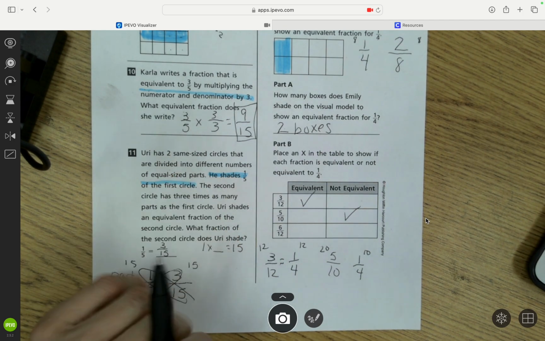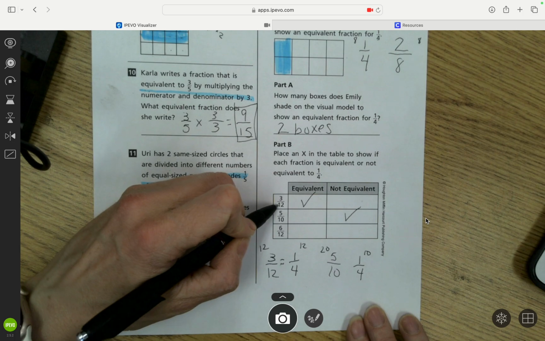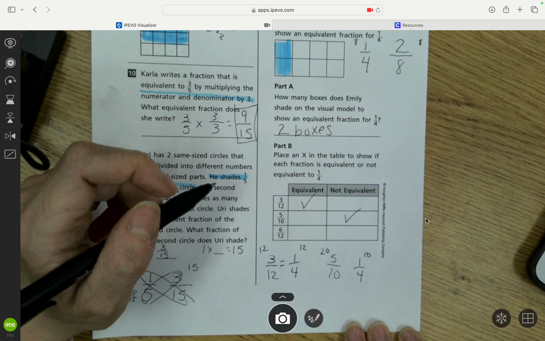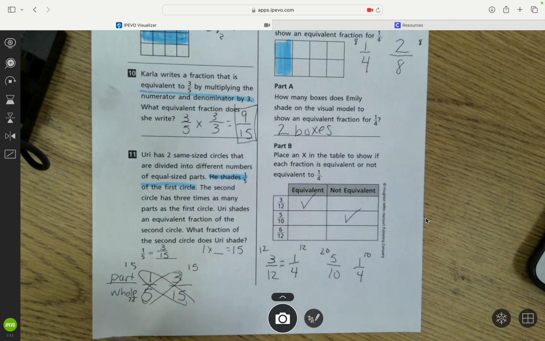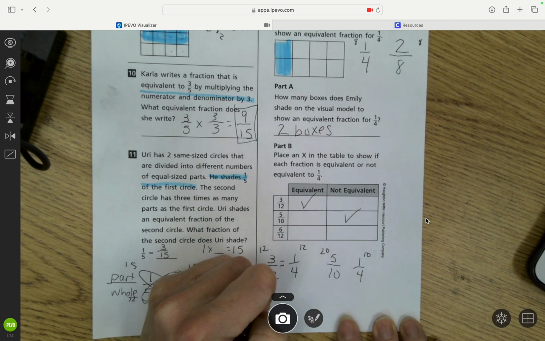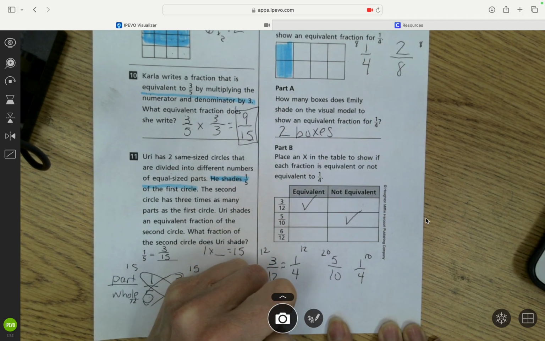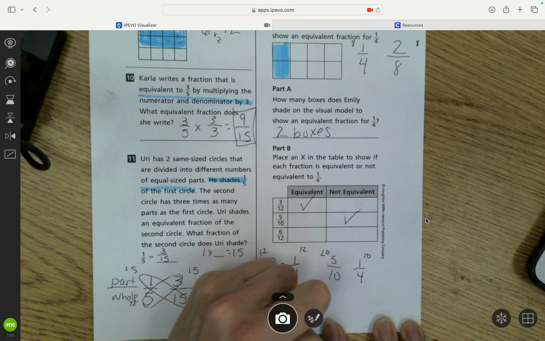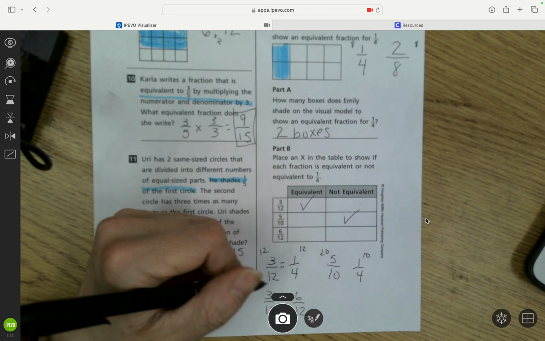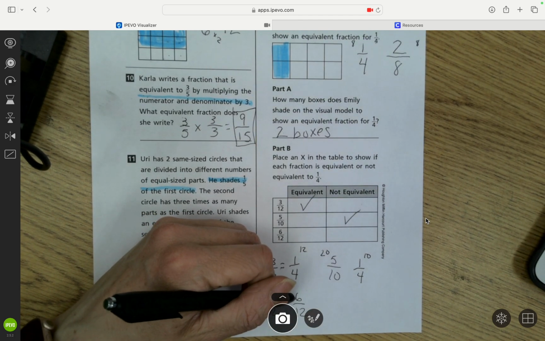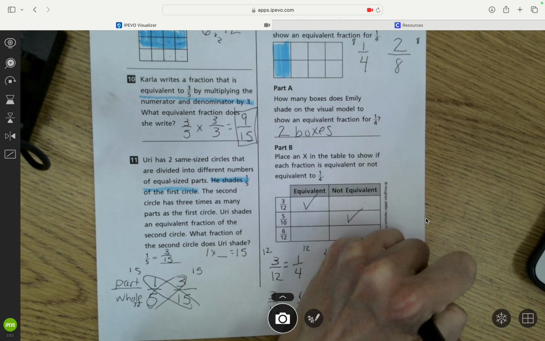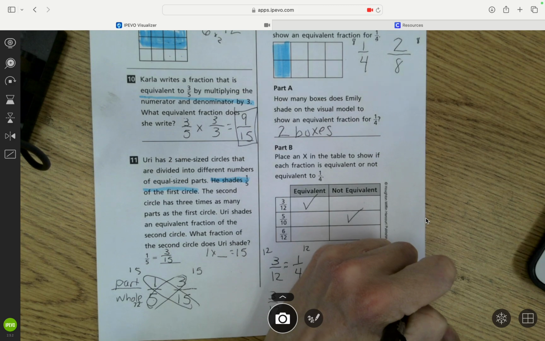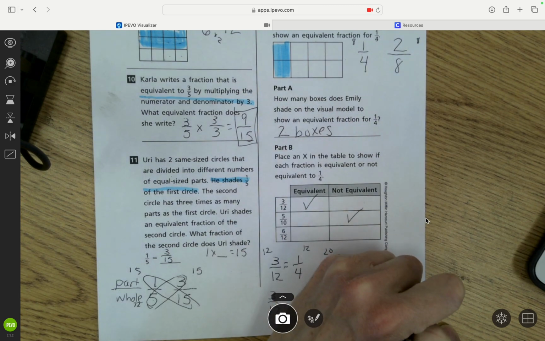6/12. Listen, if you have the same denominator but different numerators, that means you're not equivalent. But let's just do the butterfly method to test. 3/12 and 6/12. Let's skip count. We're going to skip count by 6 until we reach 12, or we could do long multiplication. 6 times 2, 12.